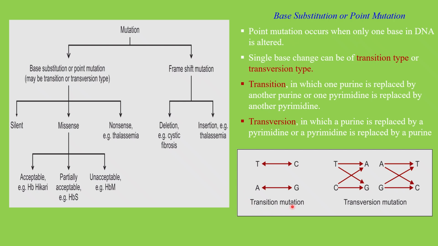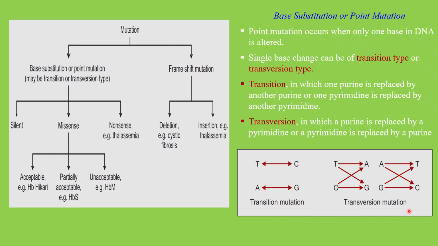These are examples of transition mutation. Here, thymine can be replaced by cytosine or vice versa, or similarly, the purine base adenine can be replaced by guanine or vice versa. So this is the transition mutation, meaning within the same category of bases.